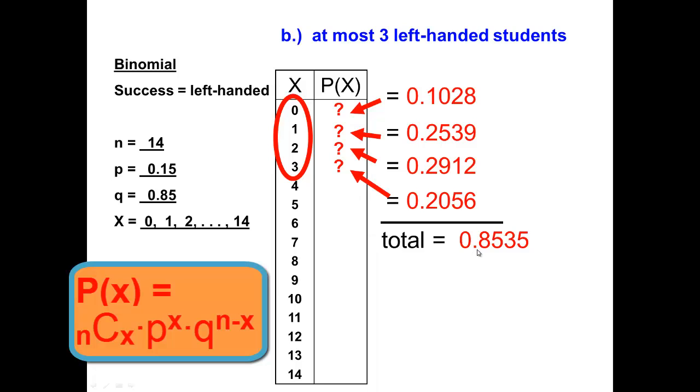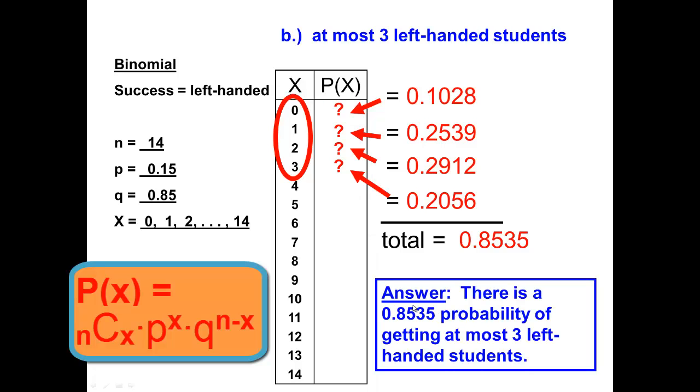And we get 0.8535. And the answer is there is a 0.8535 probability of getting at most 3 left-handed students. And be sure that you circle or box your answer for your teachers. It does make your final answer so much easier to find when there's so many numbers floating around.